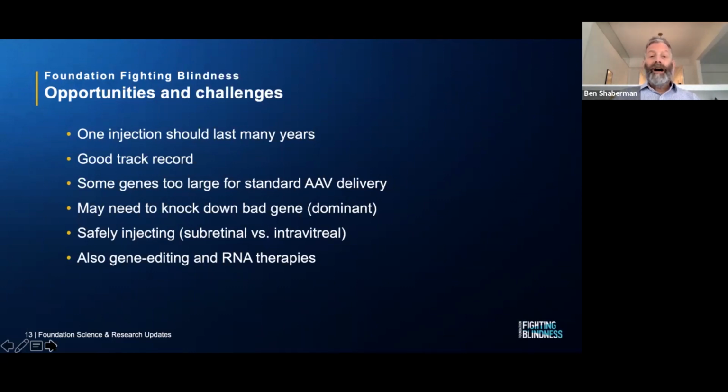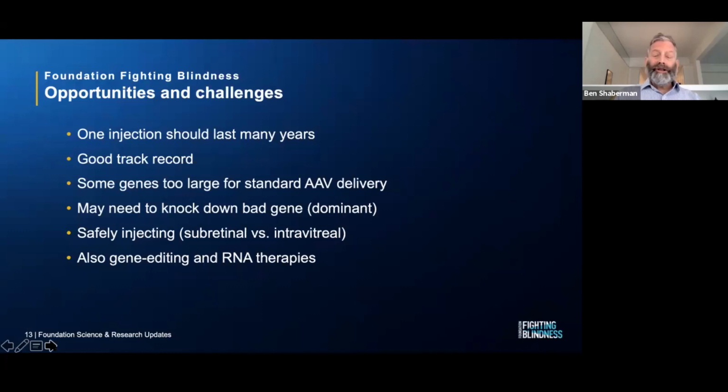And again, a lot of gene therapies in clinical trials have had a good track record, these AAV gene therapies especially. So having a good track record bodes well for the continued development of gene therapies using the AAV approaches. But there are other approaches that are emerging as well that may provide advantages, so stay tuned.